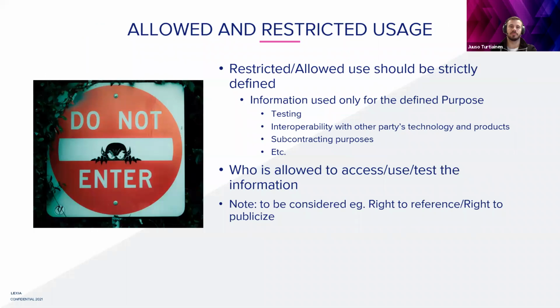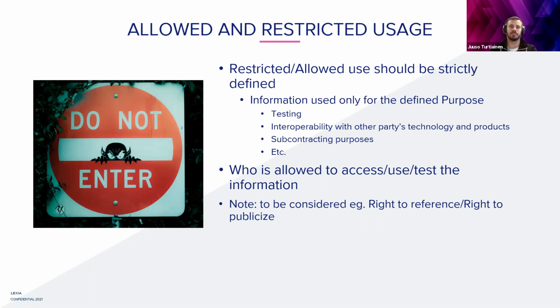Then going forward to allowed and restricted usage of confidential information. This is essentially under the purpose, and why the purpose is extremely important to be defined. With regards to the terms, it is where you're setting out what usage is allowed and what is not.